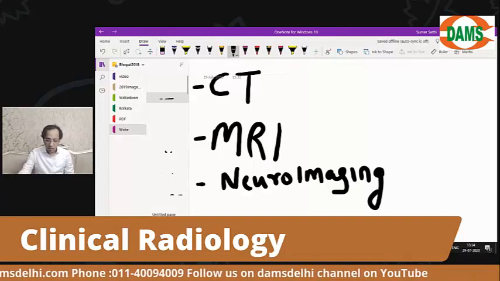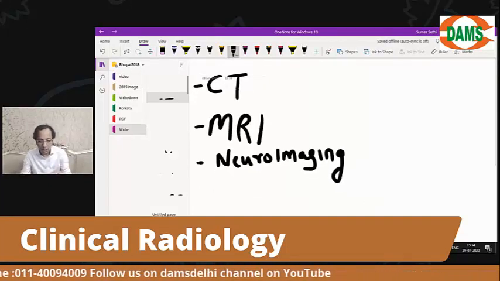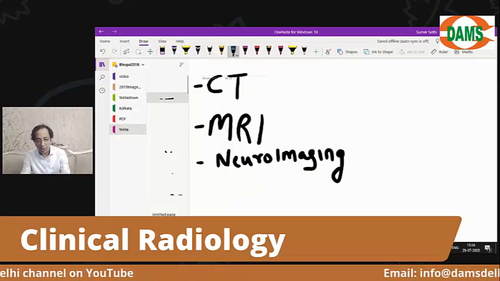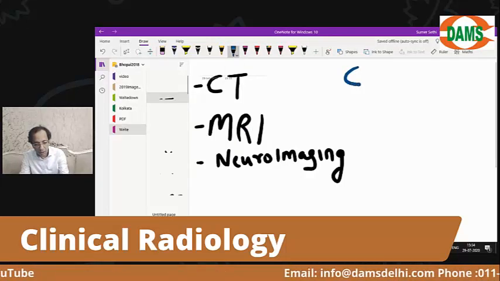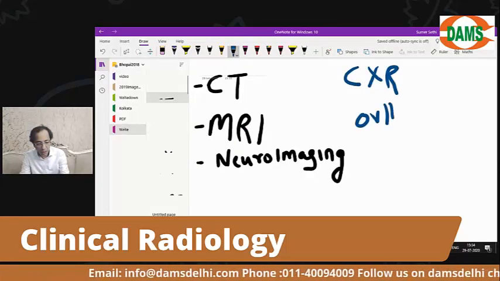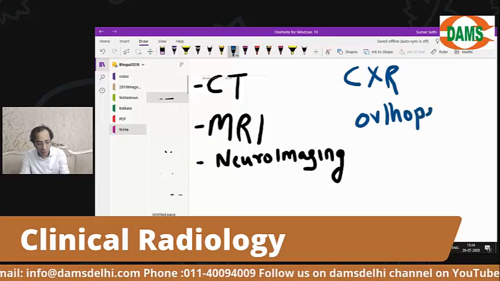In the second part, after we have done with CT, MRI, and neuroimaging, gradually we will reach a topic called chest X-ray. Then I will teach you orthopedic X-rays.